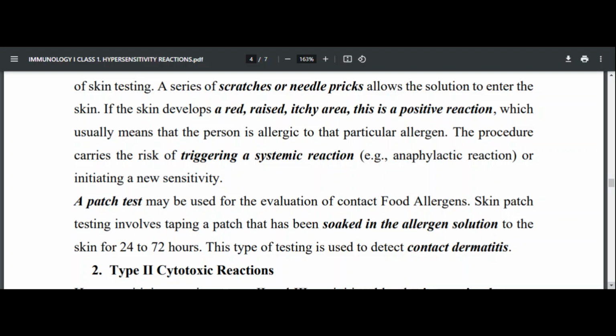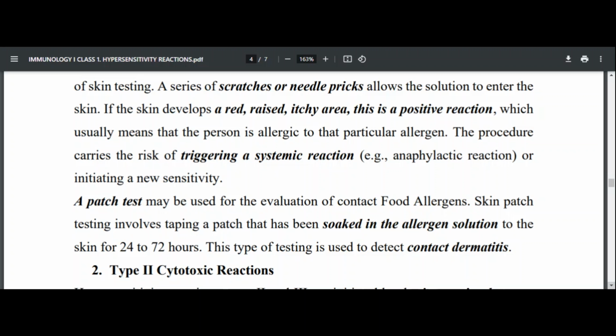For example, someone is in a certain environment or weather condition, and maybe the person starts to develop dermatitis or urticaria in that area, or a rash.